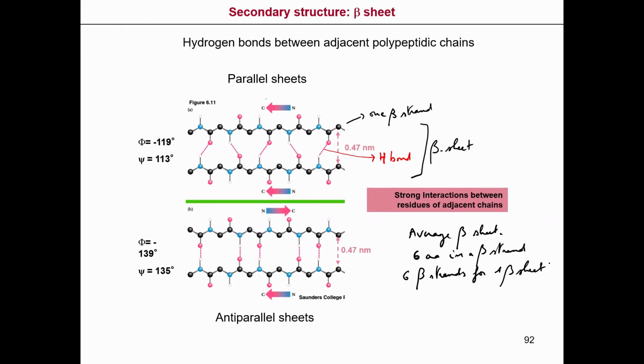This is the average. Okay. So for 6 amino acids in a beta strand, it corresponds to a length of approximately 15 angstroms.